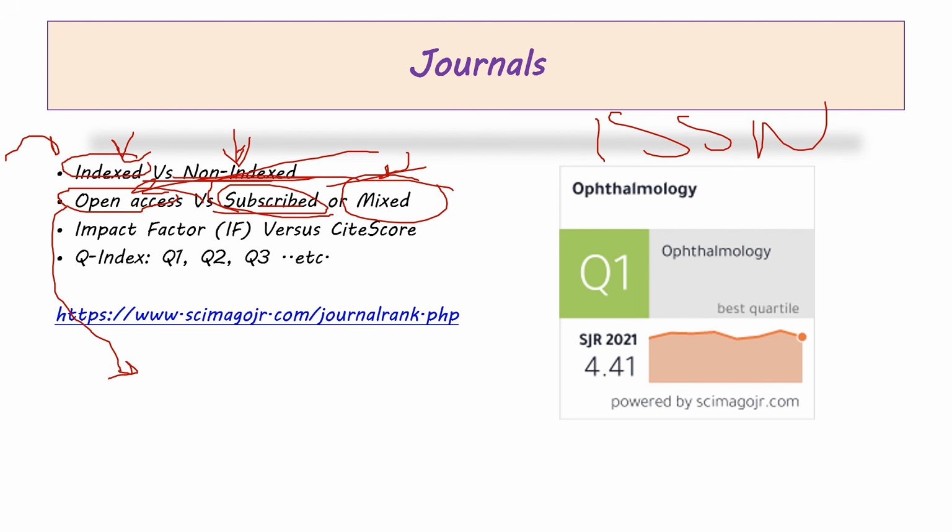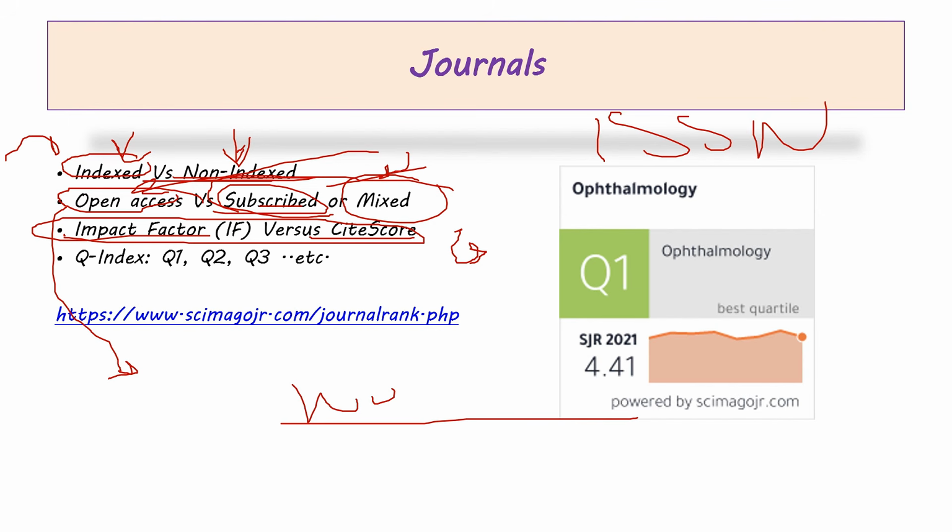We have a score to assess these journals, impact factor or site score, which mainly depend on the number of publications per year. For example, good journals will have a higher impact factor and higher site score.